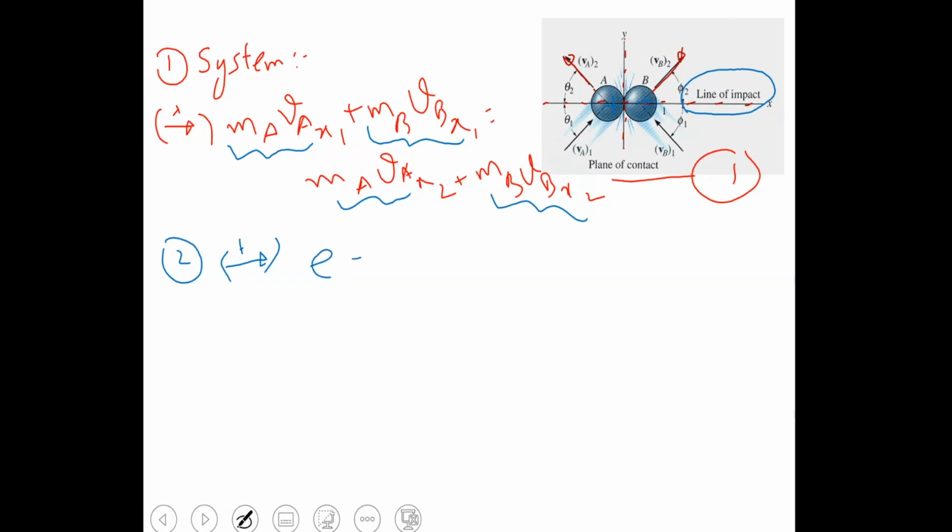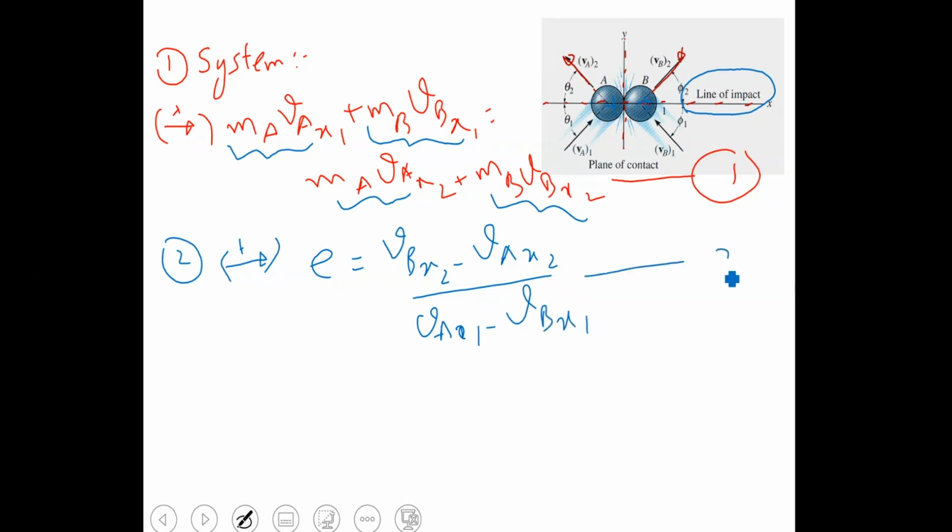So that coefficient of restitution is going to be e equal to vBx2 minus vAx2 divided by vAx1 minus vBx1. So again, step number 2 is similar to the step number 2 of central impact.